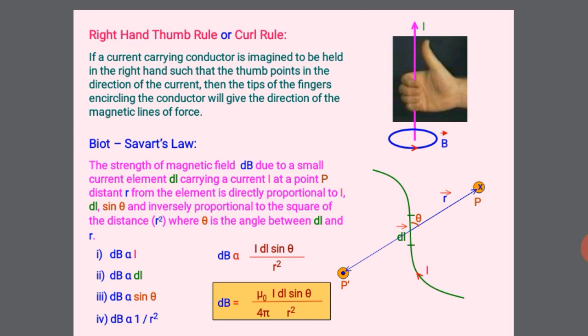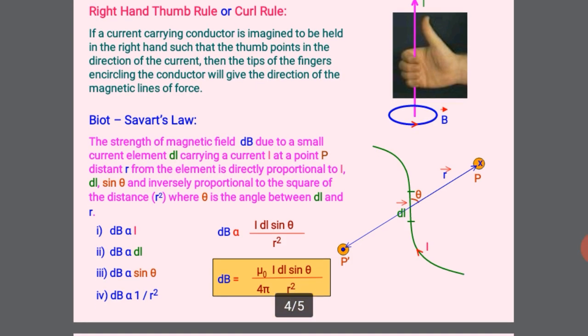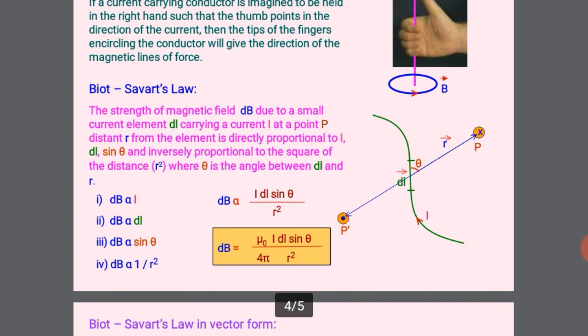According to this rule, if we grasp the straight conductor in our right hand such that the thumb points in the direction of current, then the fingers curl in the direction of the magnetic field with the fingertips pointing along the magnetic field. So these are the three rules used to determine the direction of the magnetic field.